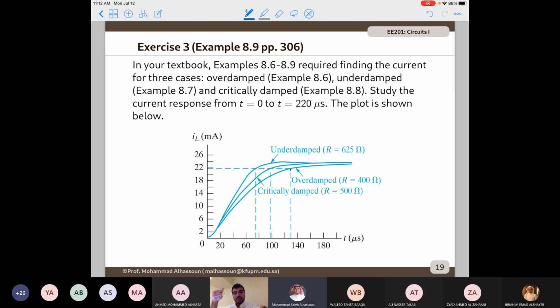Therefore, to be on the safe side, the optimal solution is critically damped, but the suboptimal one is overdamped. So yes, I'm okay with the delay. I know that I'm not going to reach the final value very quickly, but I'm sure here that I'm not going to fry some other hardware because I have an excess current here.